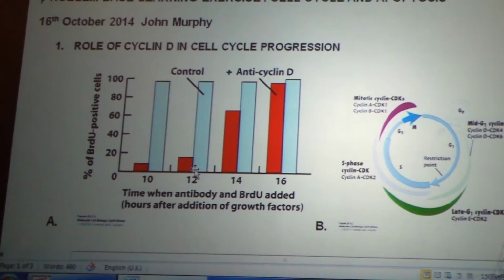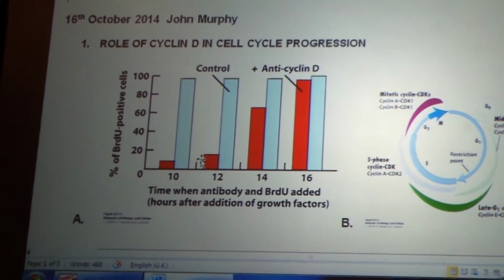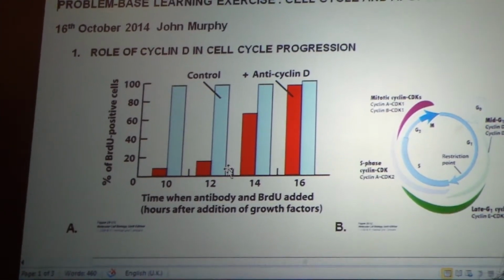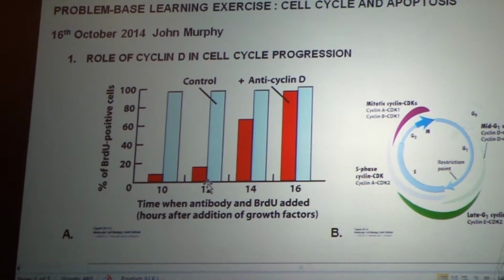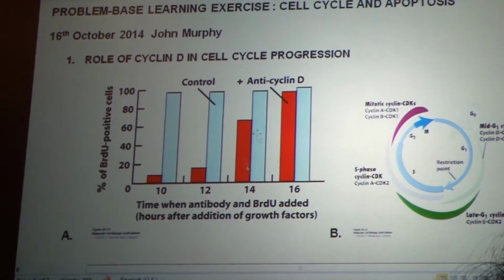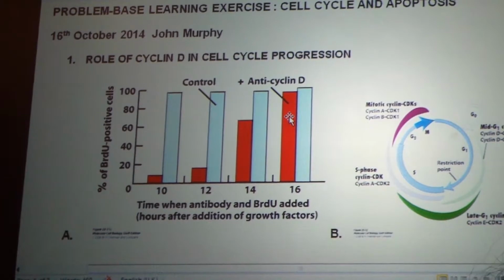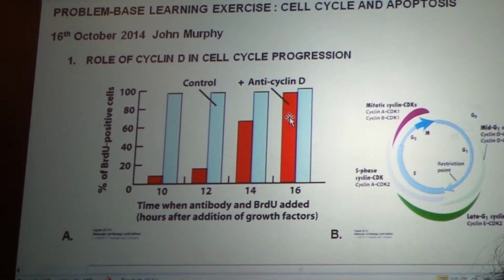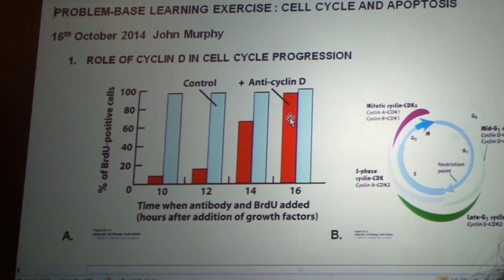If you wait 12 hours after the addition of growth factors, maybe 15% go in. If you wait 14 hours, 60% go in. And if you wait 16 hours after the addition of the growth factors, almost 100%, 96 or so percent, go into the S phase.